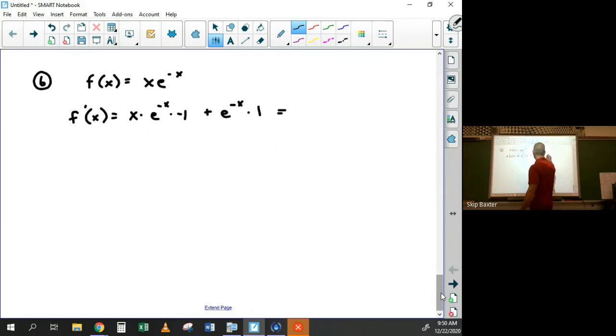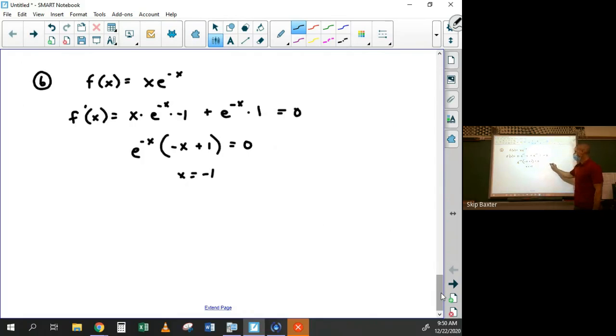Set it equal to 0. What should you do to solve this equation? Common factor, e to the negative x times negative x plus 1. So this is only true when x equals 1.